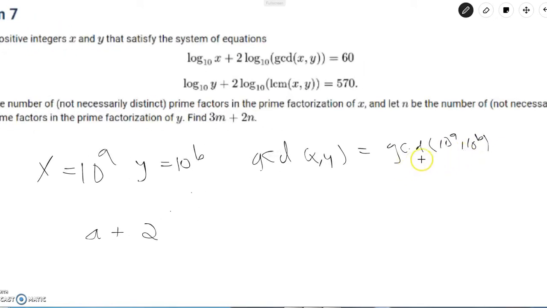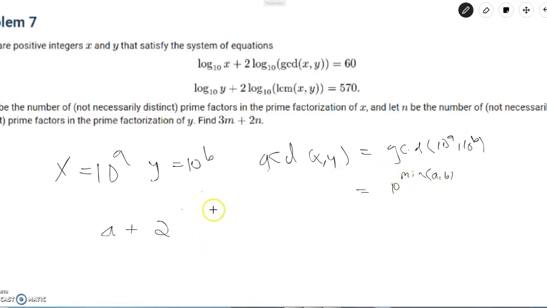But if they are positive integers, then the GCD of this is simply equal to 10 to the power of min of a and b. So plugging that in as GCD(x, y), we get plus 2 log base 10 of 10 to the min(a, b), which is just 2 times min of a and b. And this is equal to 60.